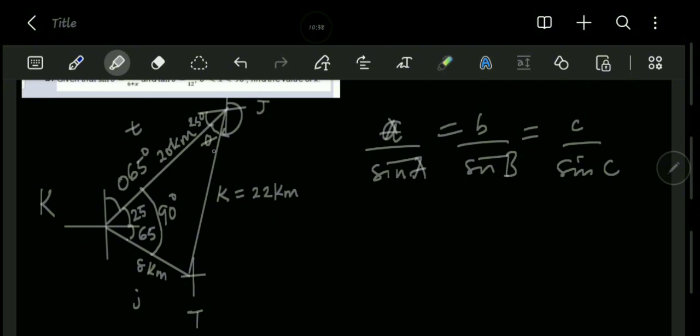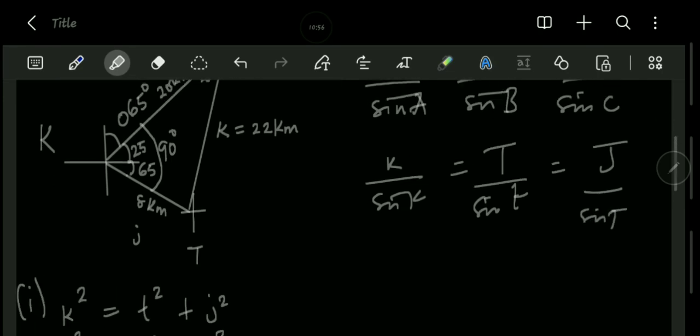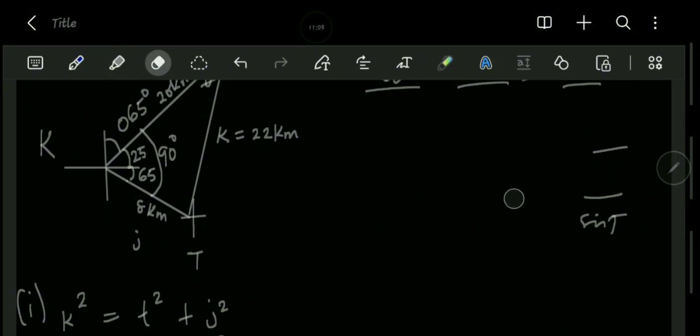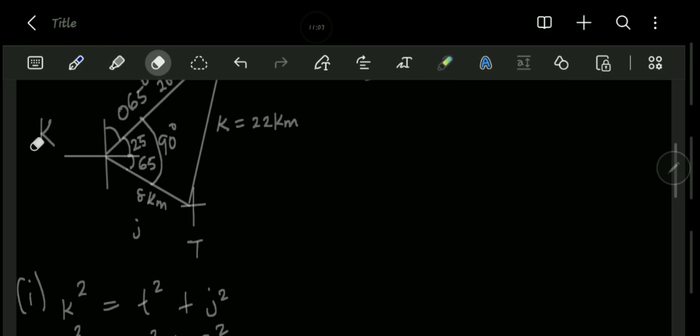I only have j, k, and t. So it should be k over sine K is equal to t over sine T is equal to j over sine J. I have to use the letters given to me in the question, so I'm going to relate two of them. I'm going to use k, which is sine K, because I have sine K already as 90, and I have small letter k as well.